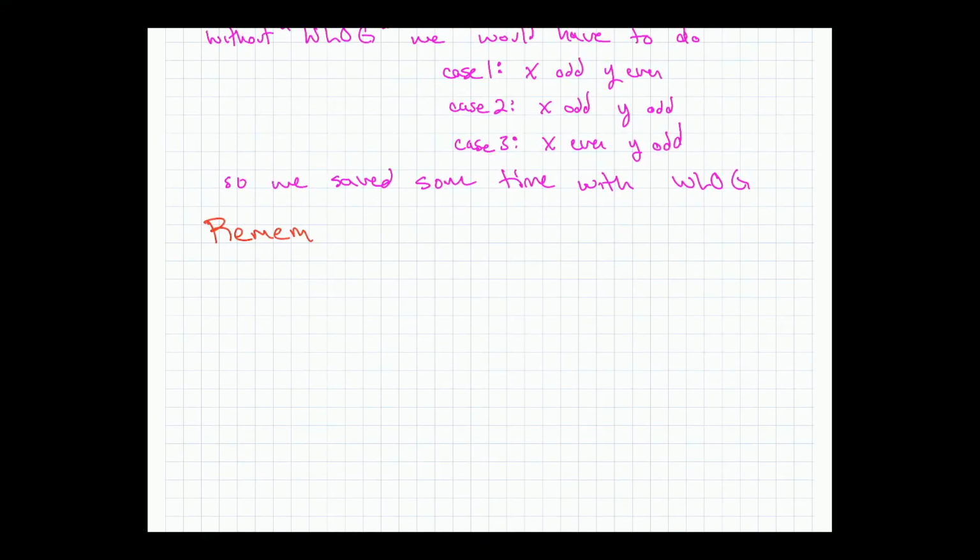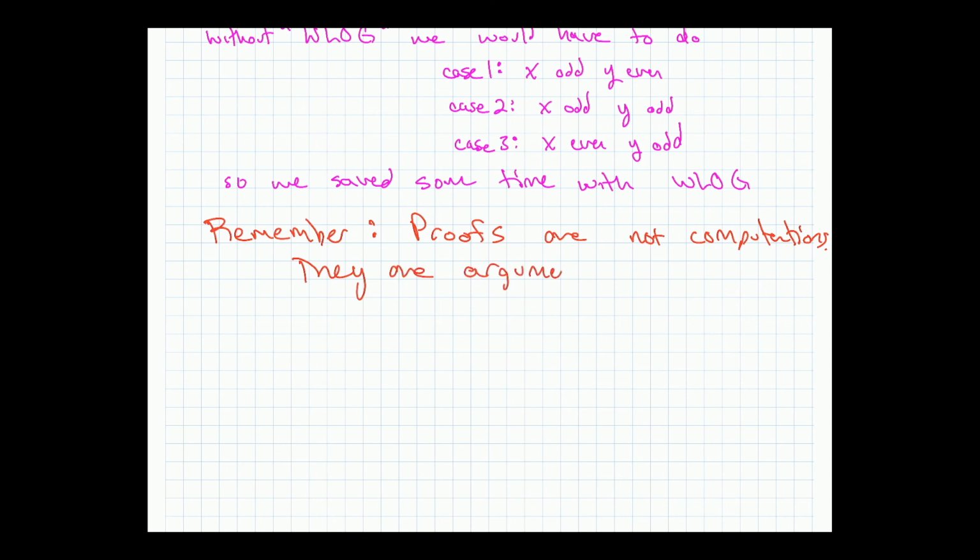it has to be readable. It's not like a math problem that you're working out. Proofs are not computations, right? They are arguments you are making with words.